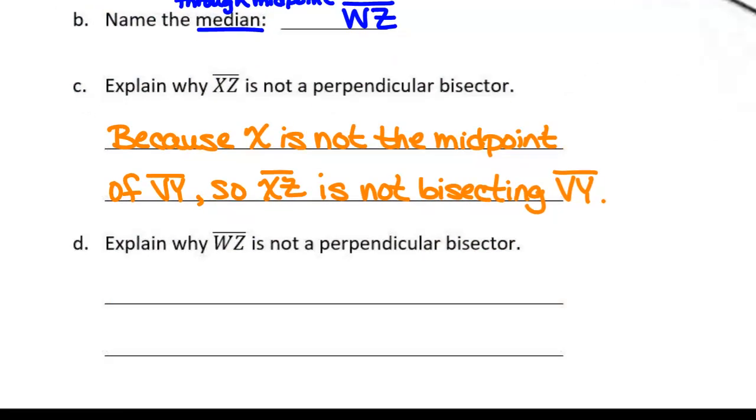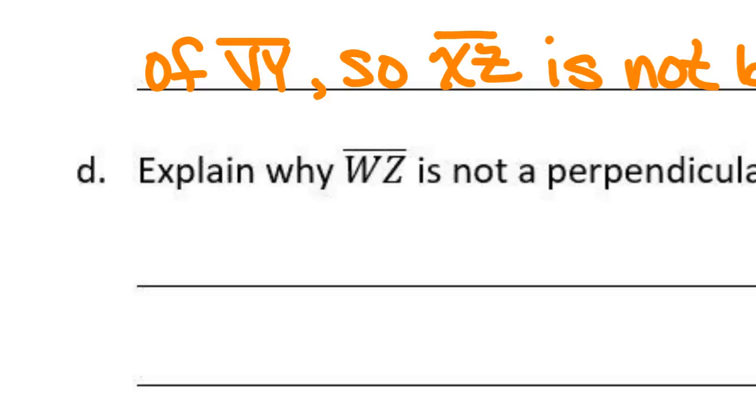Explain why WZ is not a perpendicular bisector. What's wrong with that one being a perpendicular bisector? That's exactly correct. It only goes through the midpoint. It does not make a right angle.